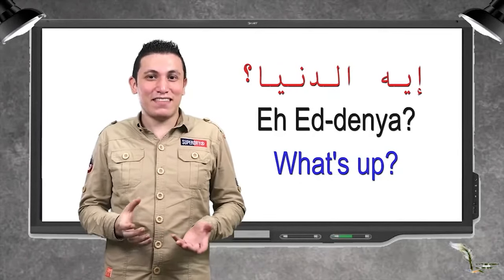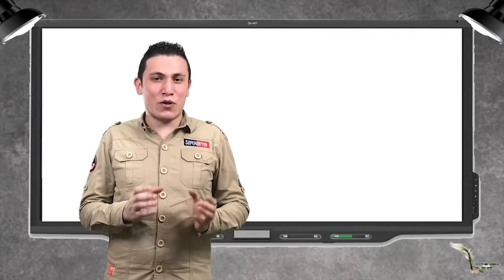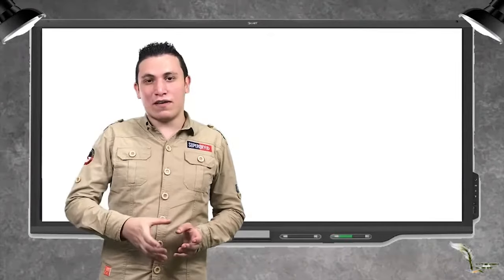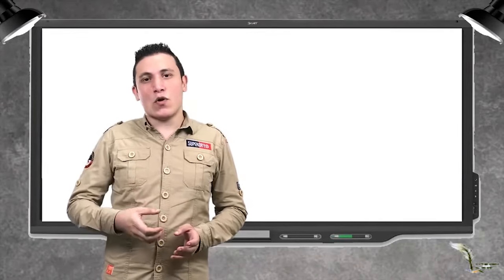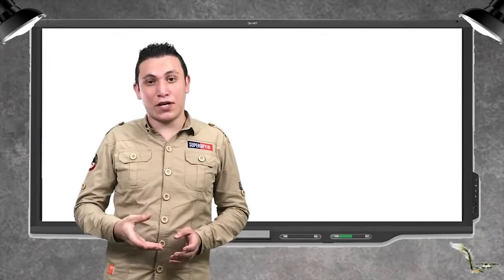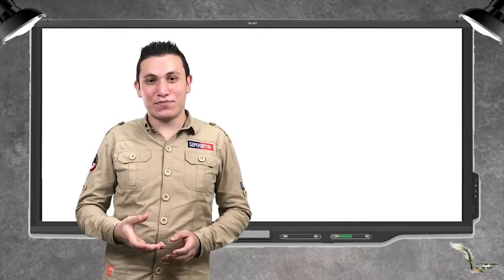And of course, you don't use إيه الدنيا just alone. You would use it with other questions. You can choose one of the previous questions. ازيك, ازيكم, اخبارك ايه, اخباركم ايه, or عامل ايه, عامله ايه, عاملين ايه.